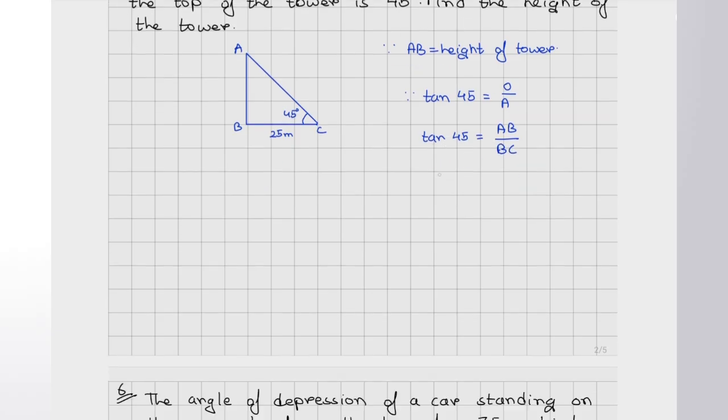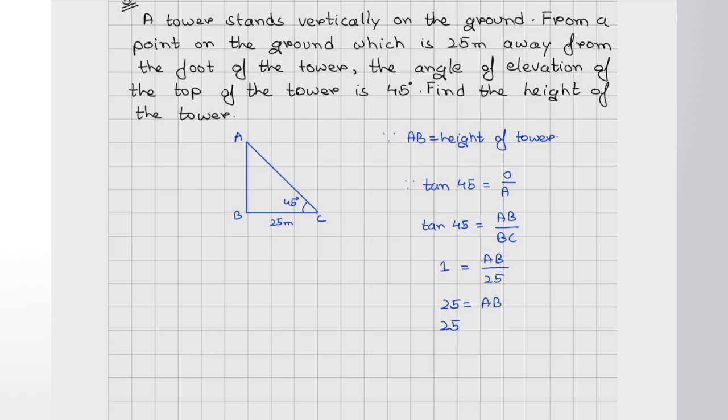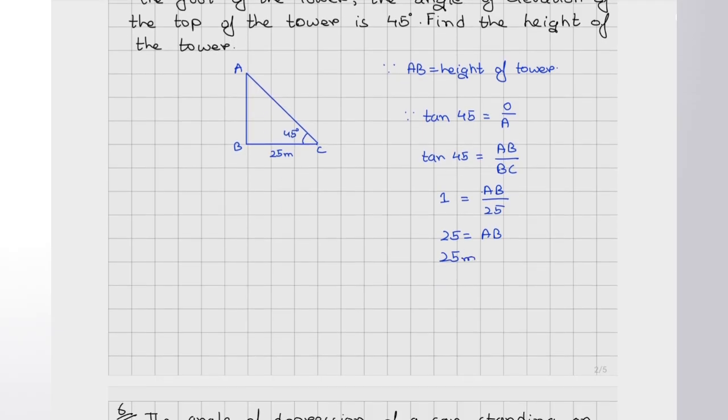The value of tan 45 is 1. AB's value we don't know. BC is 25. Now we'll cross multiply. When we cross multiply, 25 is equal to AB. So our answer is 25 meter.